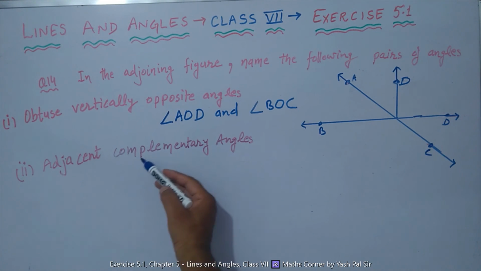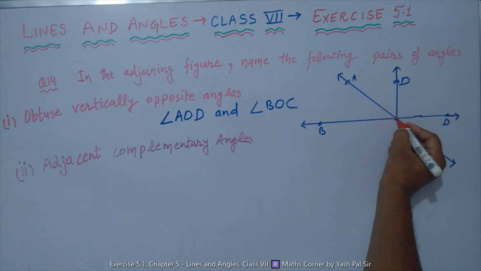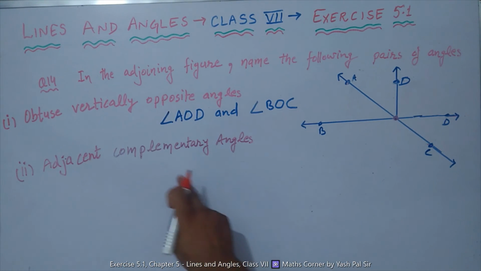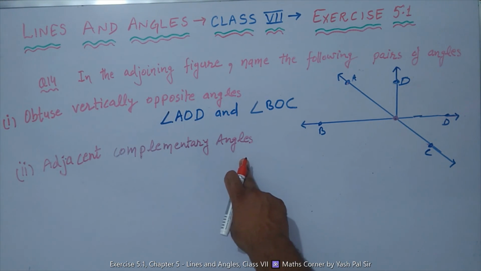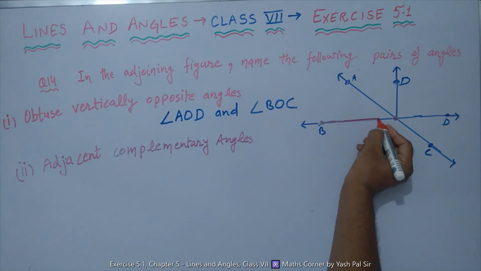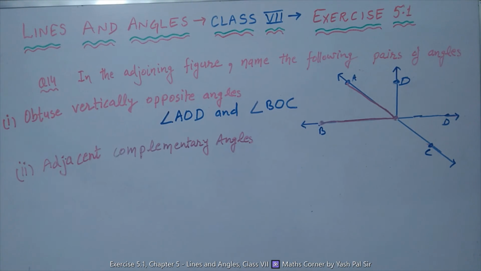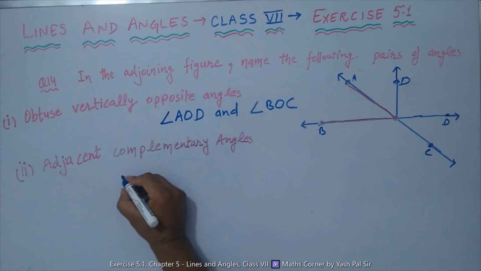Second part, adjacent complementary angles. First of all, adjacent means having the initial point same, common, plus complementary angles. Complementary angles means the sum should be 90 degrees. So first of all, we see that this is one angle. What is the name of this angle?